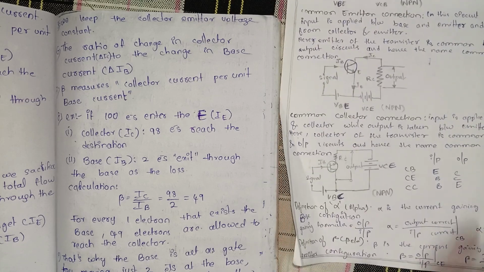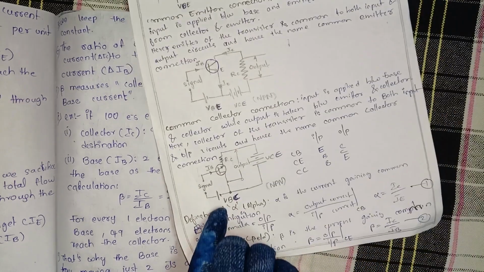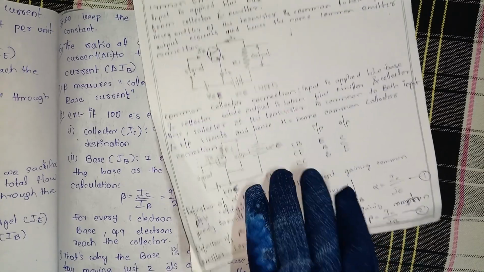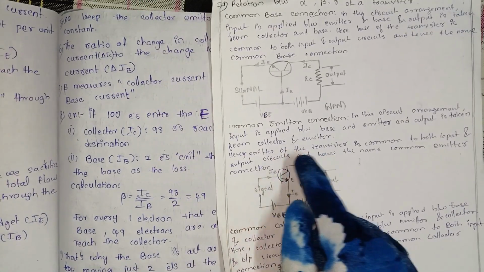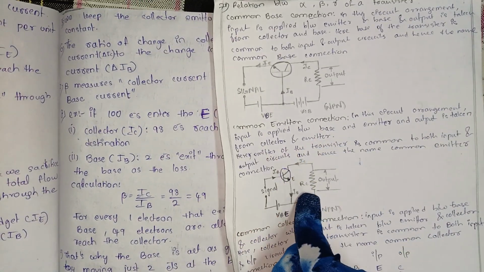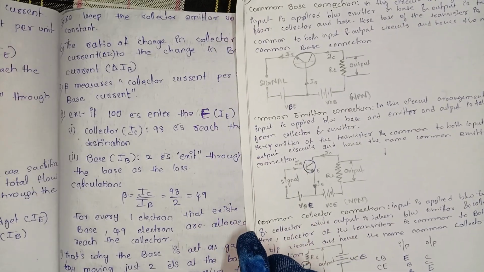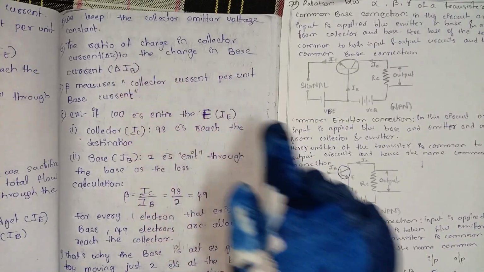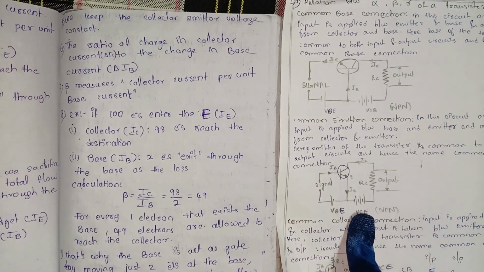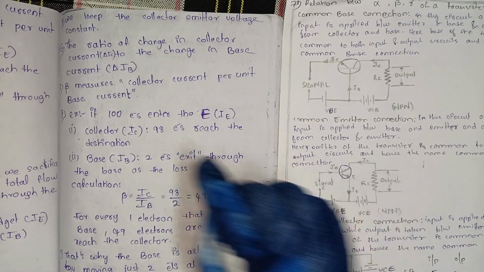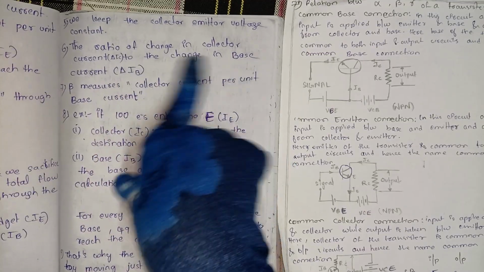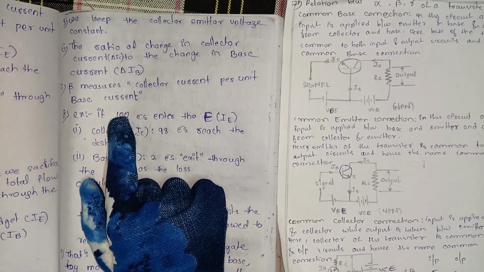As we have seen in the definition, beta is the current gain in common emitter configuration, so we are looking into the common emitter diagram. So we keep the collector emitter voltage constant. Here Vce is constant. The ratio of change in collector current to the change in base current is called beta.